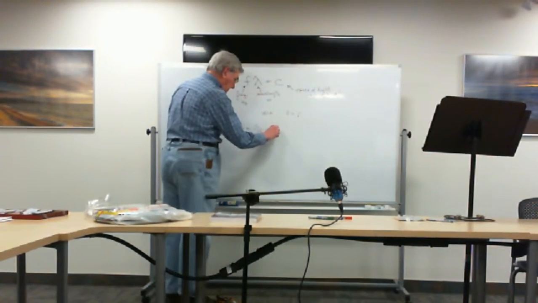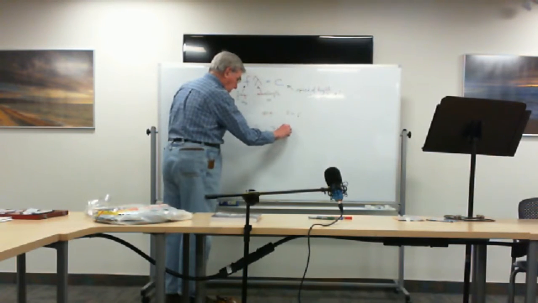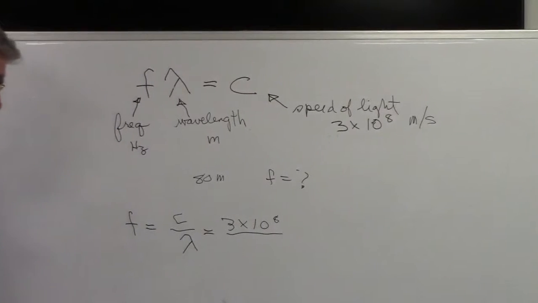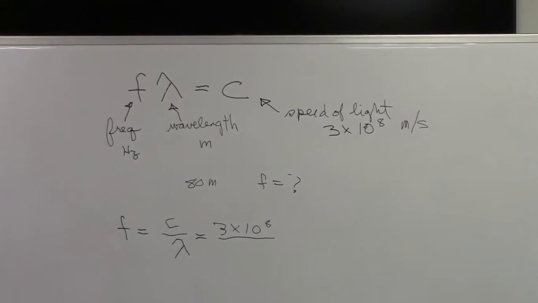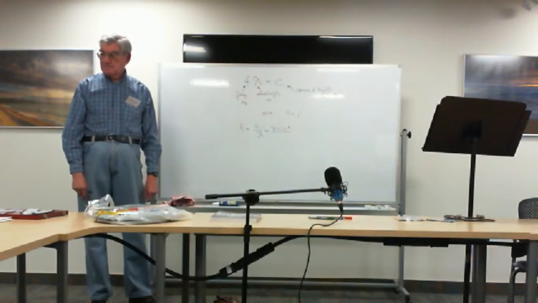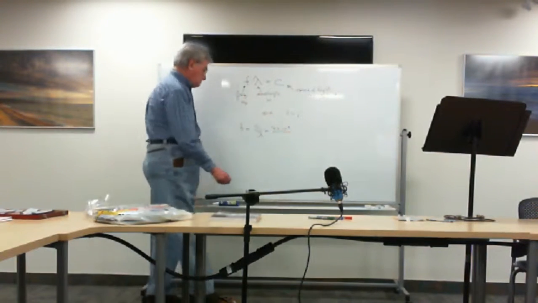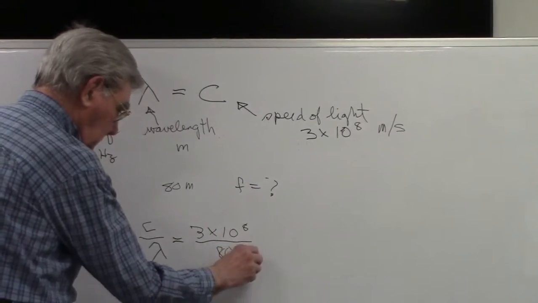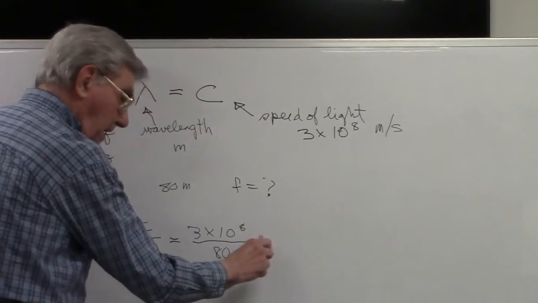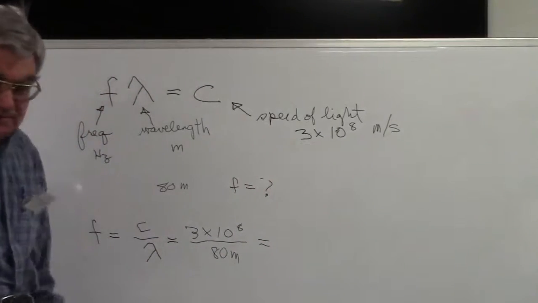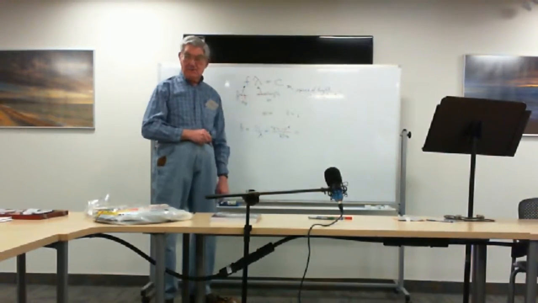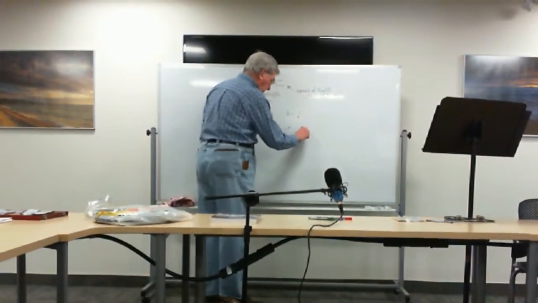And that's 3 times 10 to the 8th divided by, well, 80 meters is 80 meters, isn't it? No conversion needed there. And I just happen to remember what that was, which I calculated this afternoon with my calculator, but I really didn't need to.